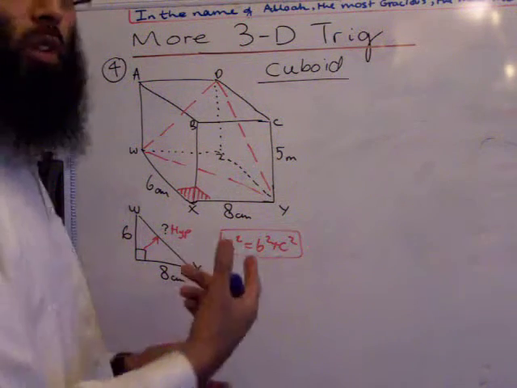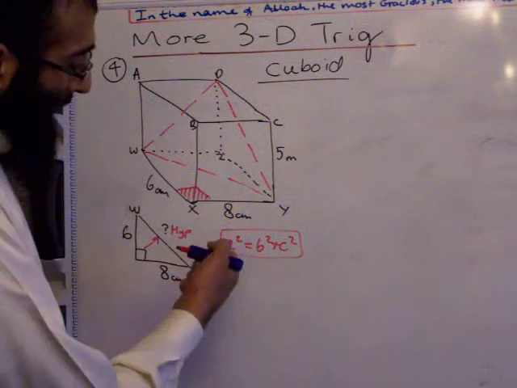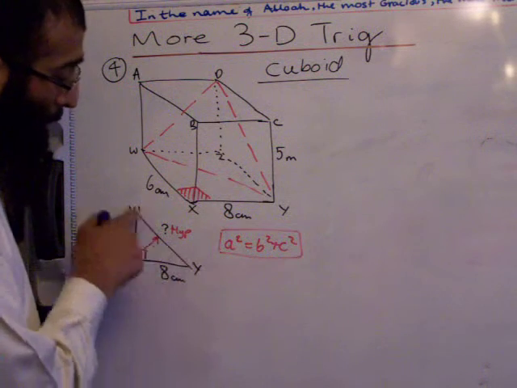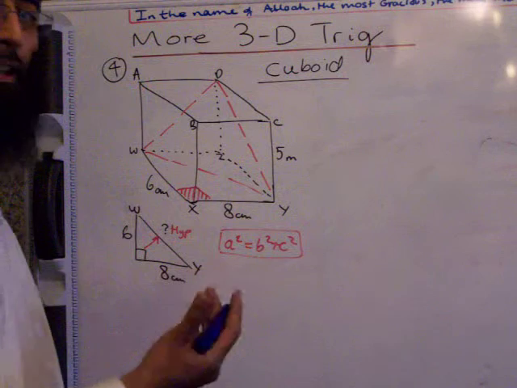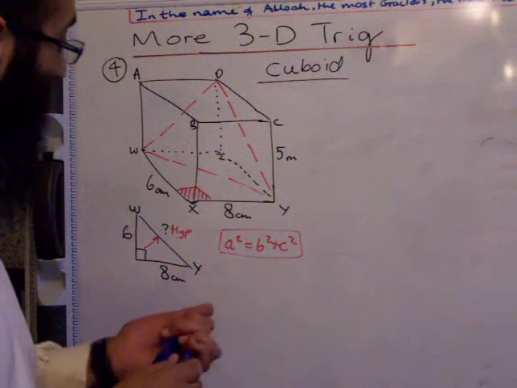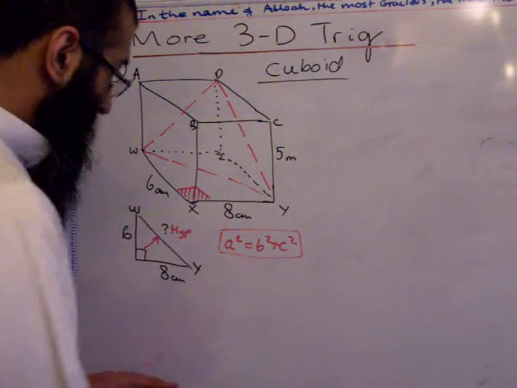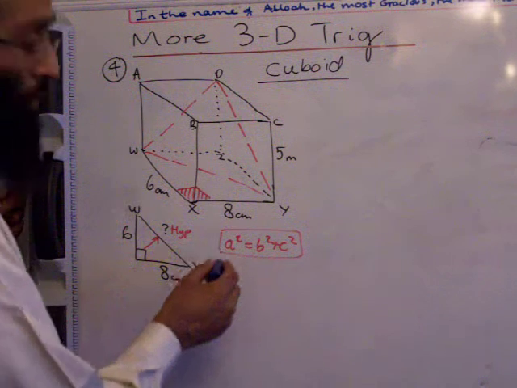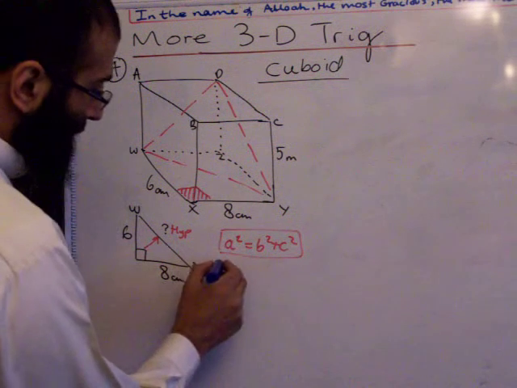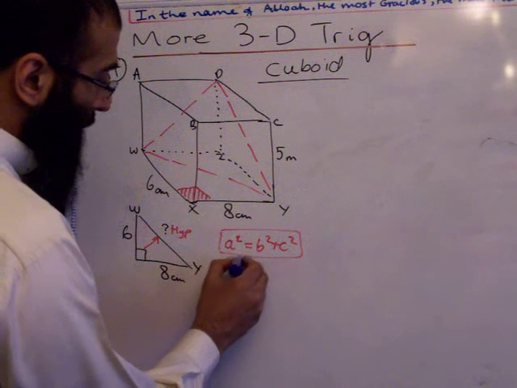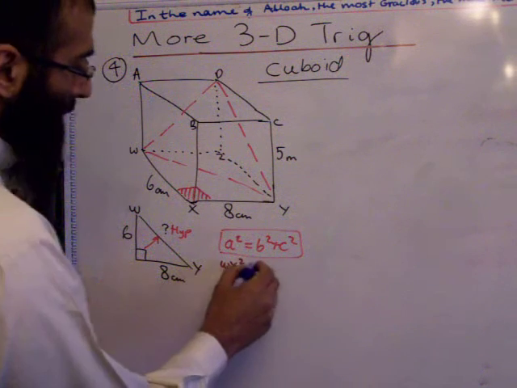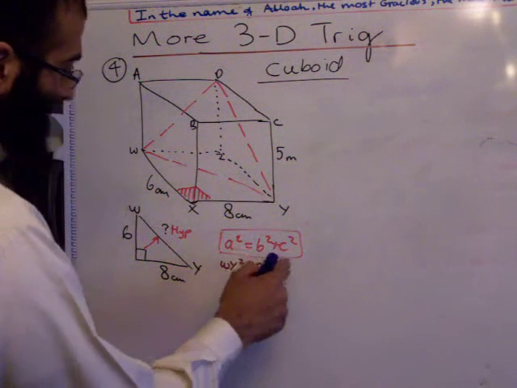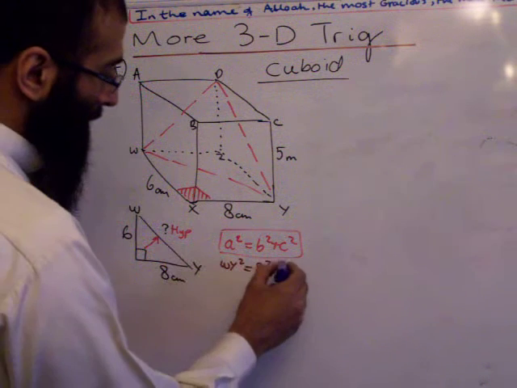Here the a represents the hypotenuse, the longest length, and b and c represent the other two lengths in any order. So let's put the values in. Under a squared I'm going to put WY. That's actually what we're trying to find. And under b I'm going to choose 8. And for c I'm going to choose 6.